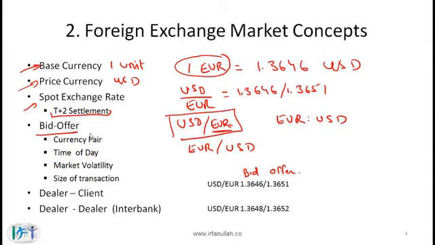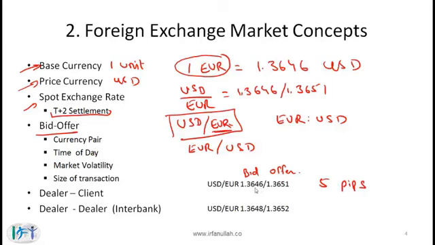Okay, now coming back to bid offer, as I've already mentioned, this is for a currency pair. In this example, US dollar euro is my pair. The bid is how much the dealer will buy for, and the offer is how much the dealer will sell for. Now notice that we have a spread over here. This spread in the example that I've taken from the curriculum is 5 pips.